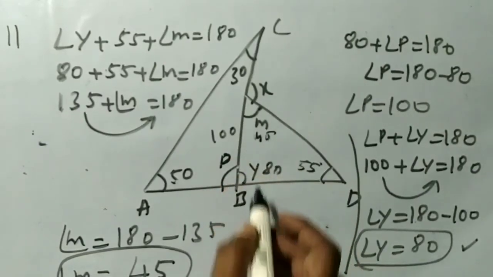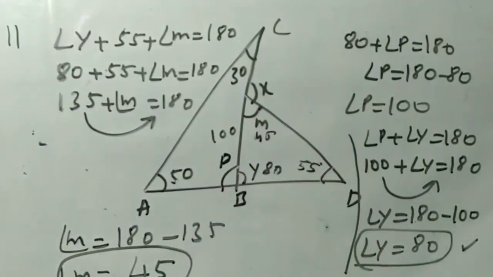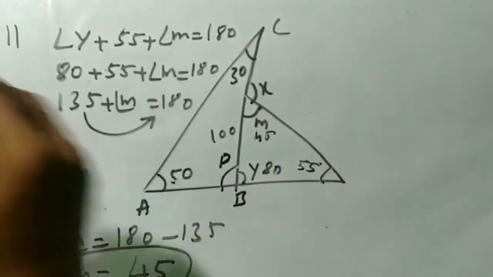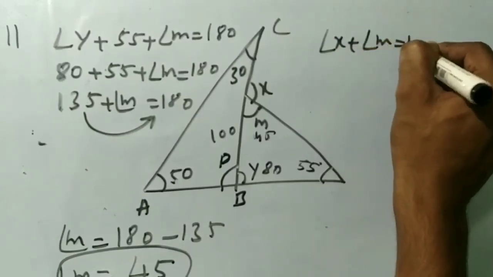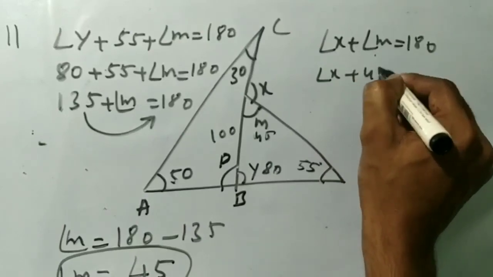Again, a straight line forms 180. I will erase this here. A straight line forms 180. That is angle X plus angle M is equal to 180. Angle X we don't know. That is angle X plus angle M, 45, is equal to 180.